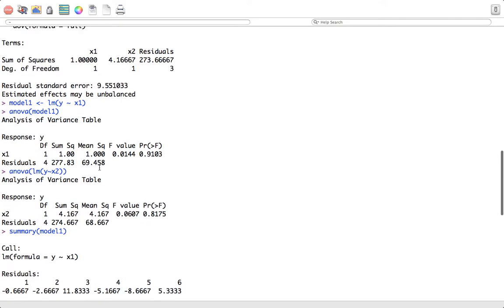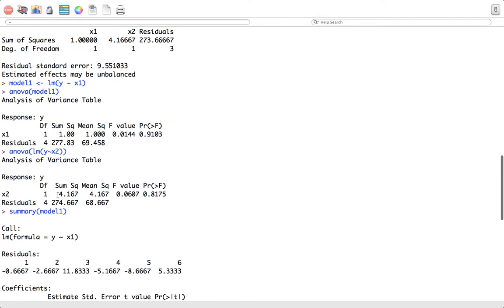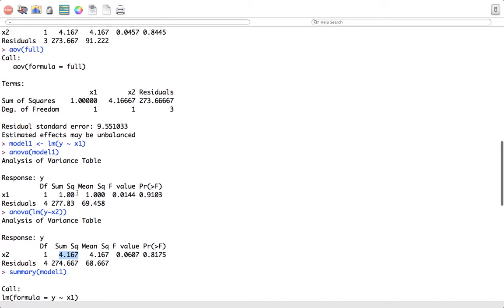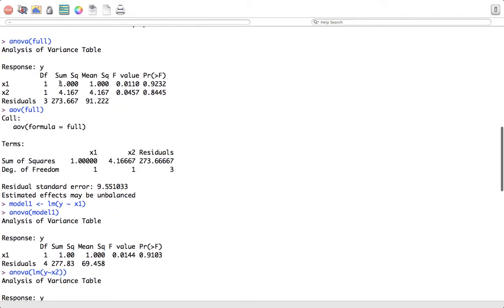So down here, if x2 is already in the model, we notice that the sum of squares is 4.167. When we add x2 to the model, you can see that the sum of squares goes up by 1, which is precisely what we just got.